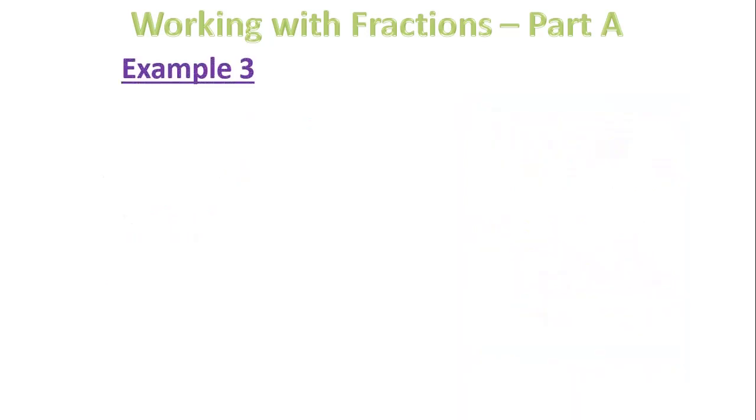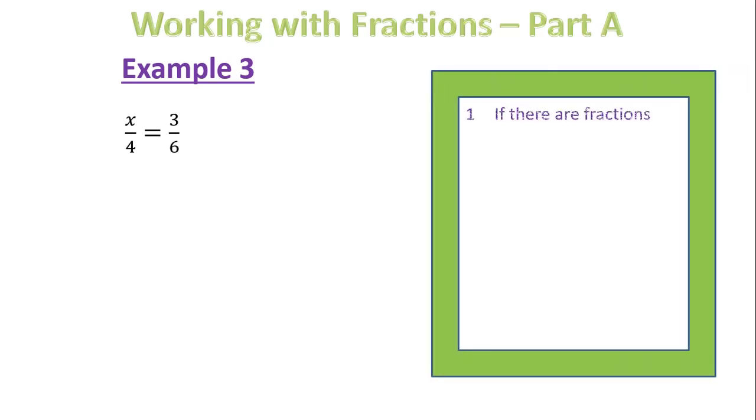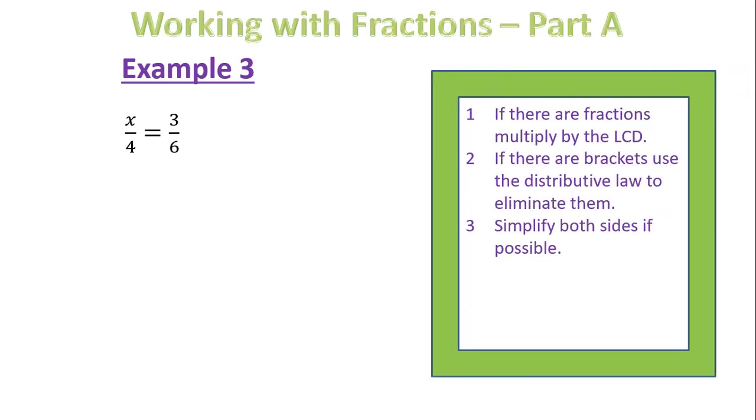Let's look at example 3. x over 4 equals 3 over 6. Let's bring in our steps. If there are fractions, multiply by the LCD. Now, if we're looking at my denominators, I have a 4 and a 6.